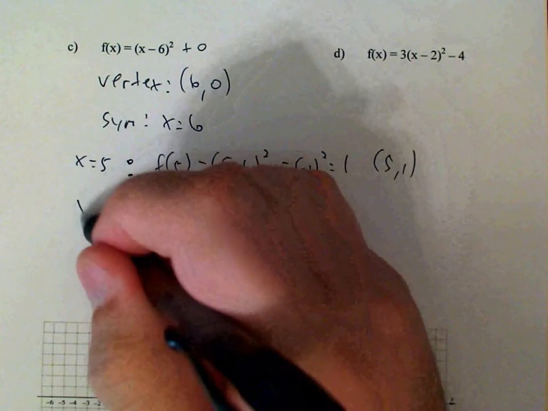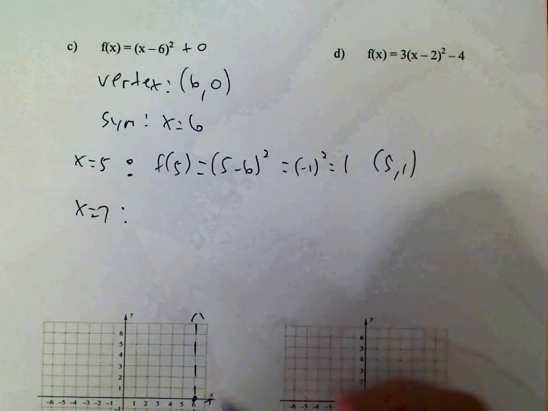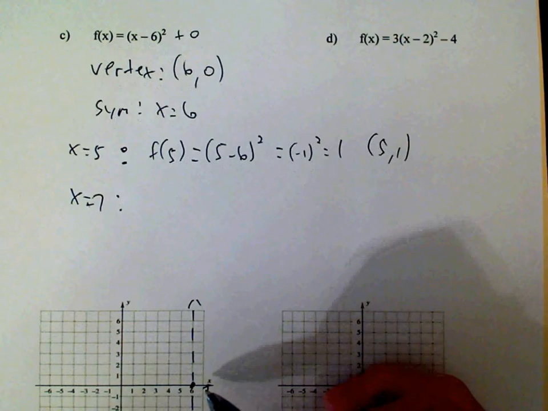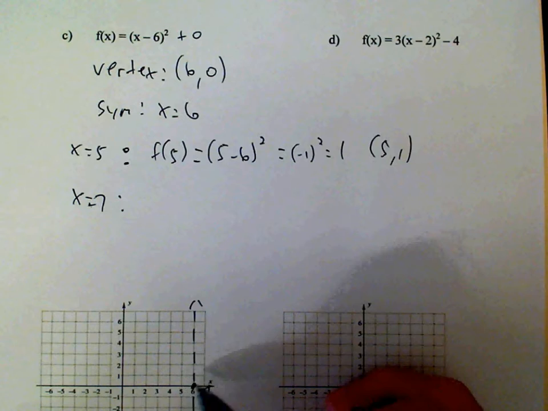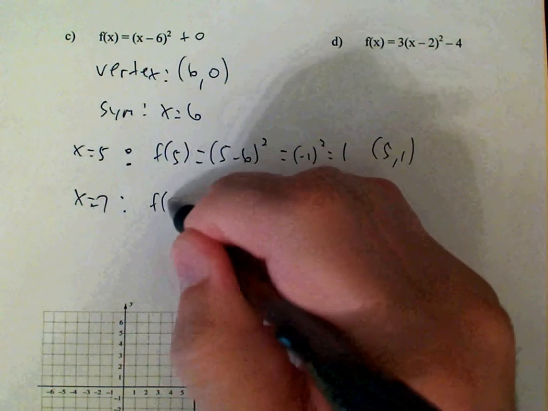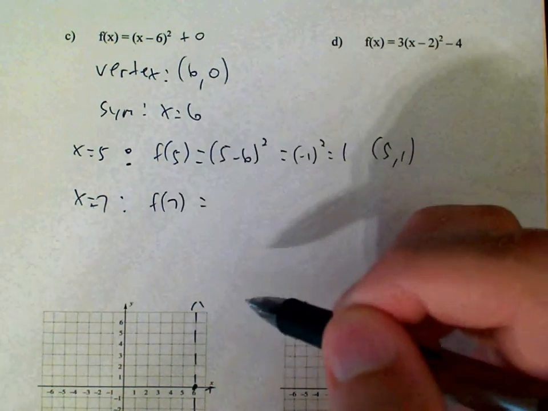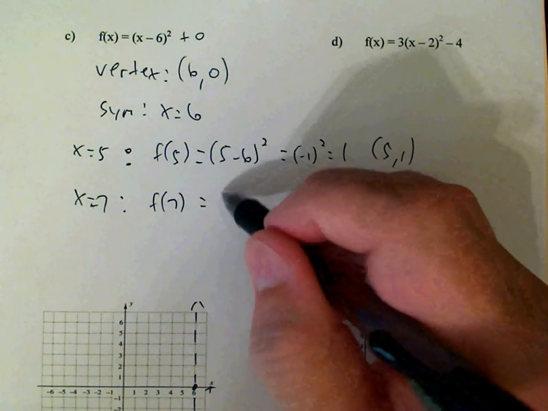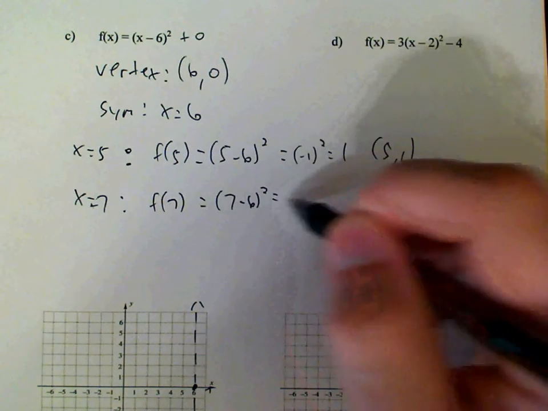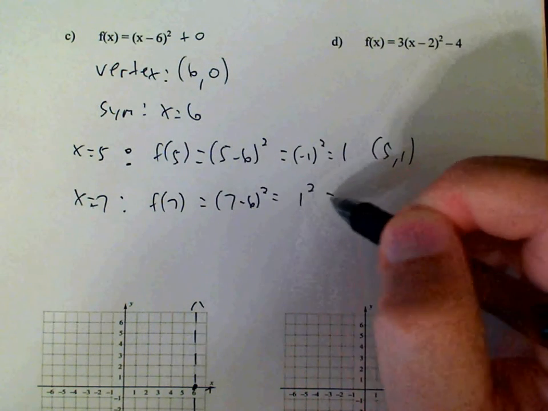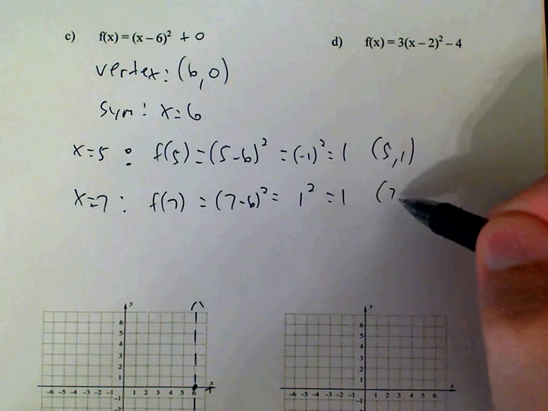And I'm going to use x equals 7. Once again, I'm using x values that are on the opposite side of our vertex, 6, 0. I want to use the ones that are the same distance apart. So f of 7 would be (7 minus 6) squared, which is 1 squared, which is 1 also, and that point is 7, 1.